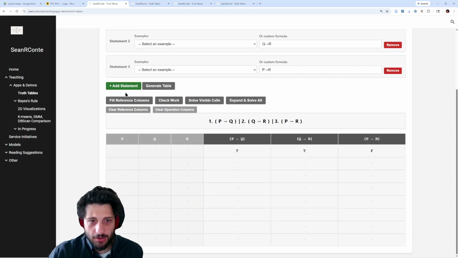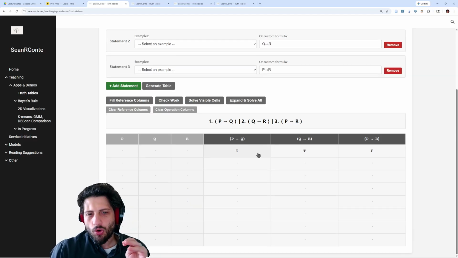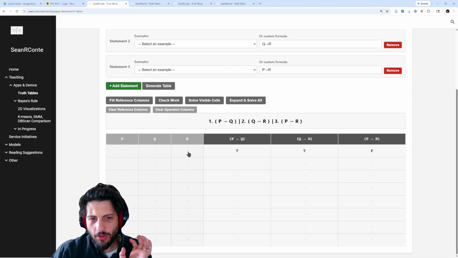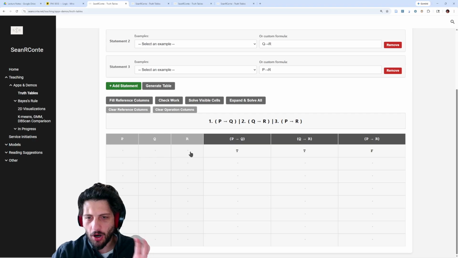So actually, I'm going to clear my reference columns over there for a moment. Could this link up with potential values over here? Are there values of P, Q, and R that would allow me to put these values here?